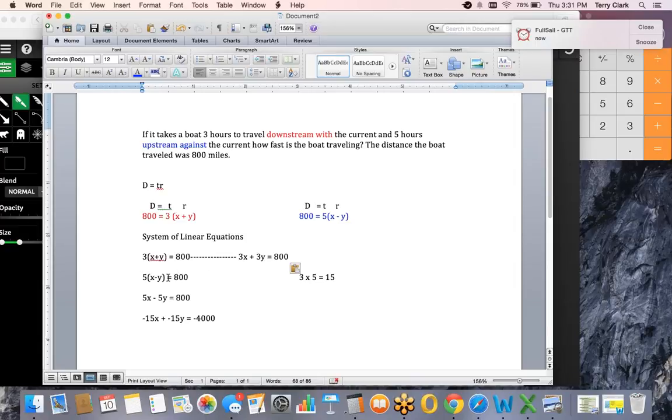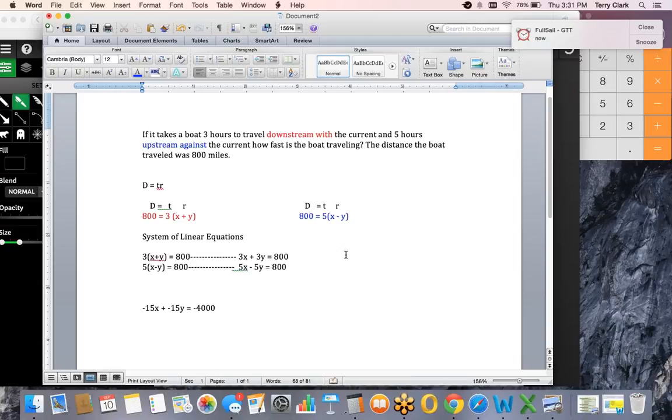And then I'm going to do the same thing with the other one, and cut it too. Okay, so there we go. We'll take out that 15 there because we don't need that right now. These are our new equations when we distribute it.